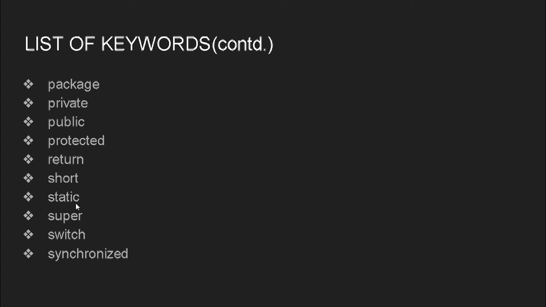Then switch, I already discussed the switch case statements. This keyword is used to create the switch case block. The synchronized keyword is always used in threads. We'll be discussing this when we study the thread chapter in detail.